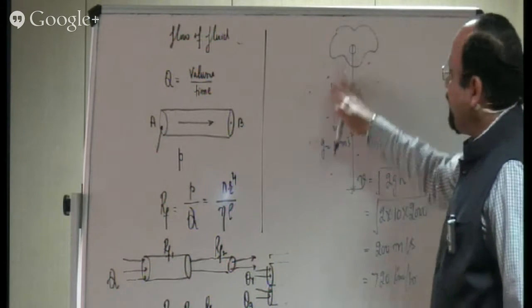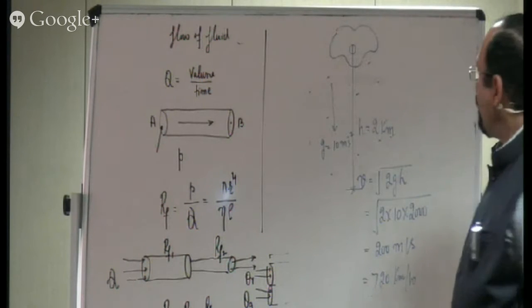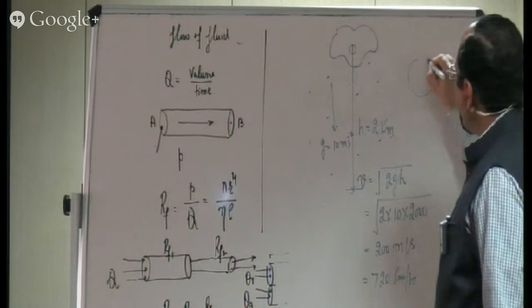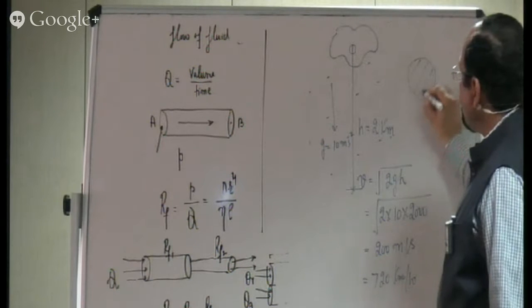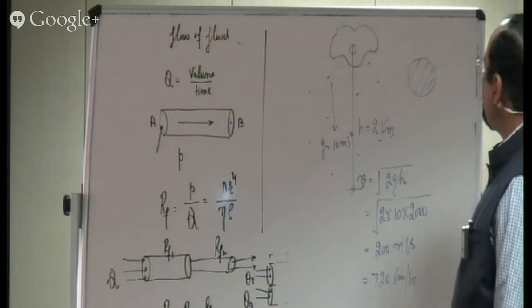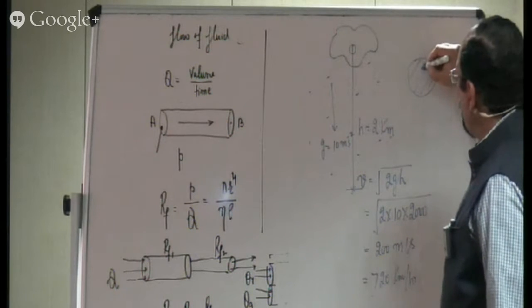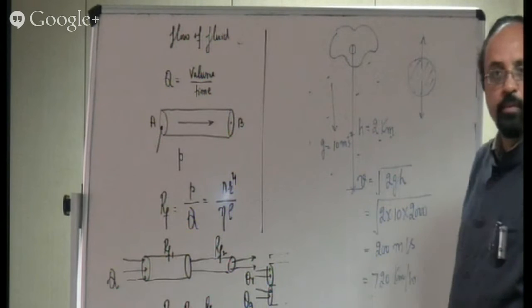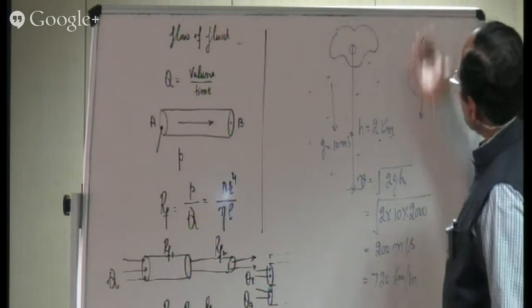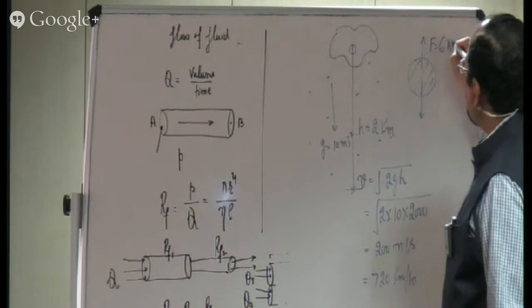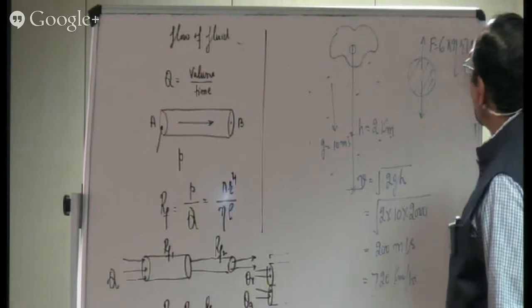But how to handle it? For handling it, especially for a spherical body, see, I'm using the word especially for a spherical body, there is a law known as Stokes law, which says that if this is going down, there comes a frictional force in the upward direction, and that frictional force is equal to 6 pi eta r into v.